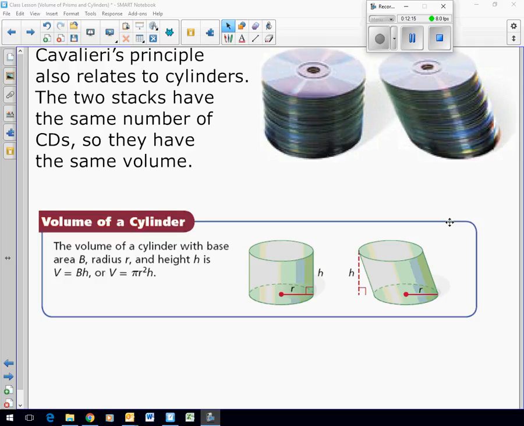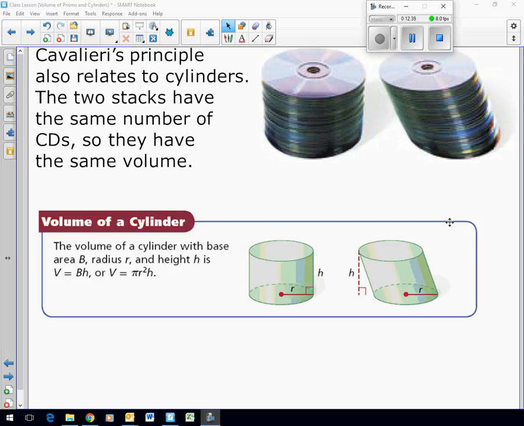That's how we find the big base, right? Big B is the same thing as pi r squared when it comes to the volume of a cylinder. So as long as you've got figures with the same radius and the same height, they have to have the same volume.